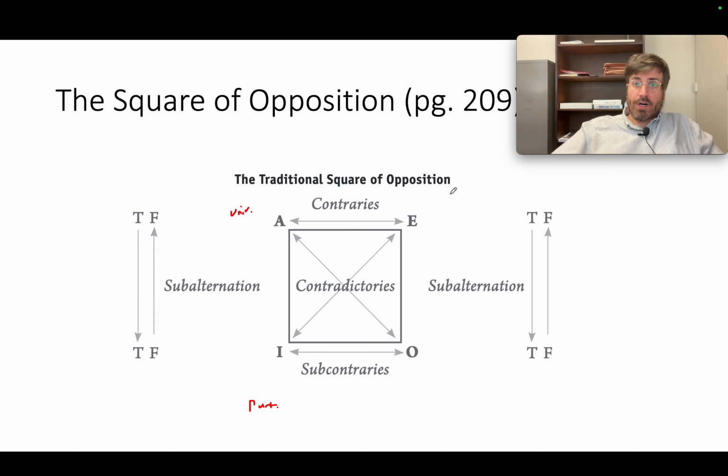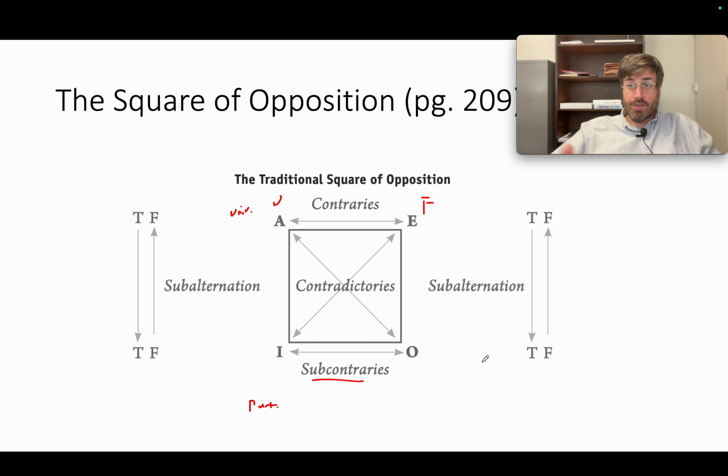Beginning with a false contrary, like a false E claim, yields either a true or a false A claim. So the A claim is said to be undetermined. We just don't have enough information in that case. Going down to the particulars at the bottom of the square, the relationship of I to O is that of subcontrarity.